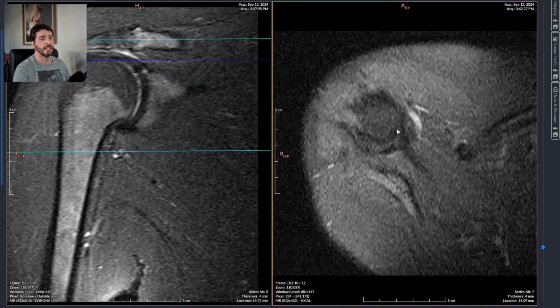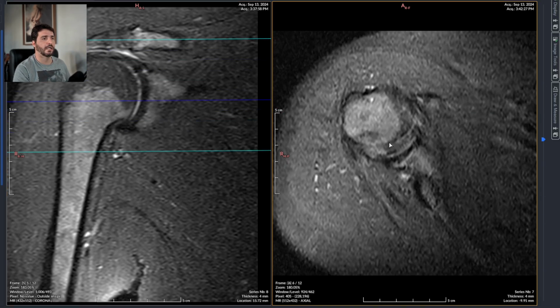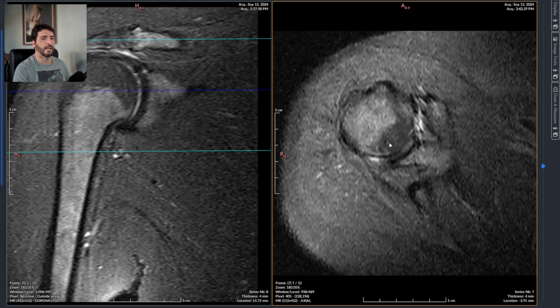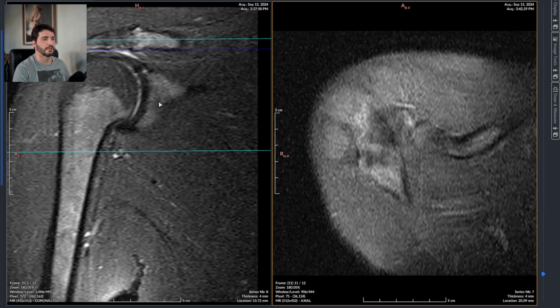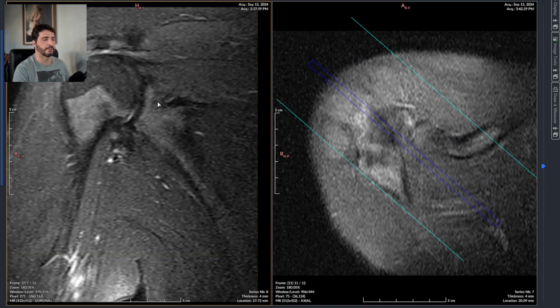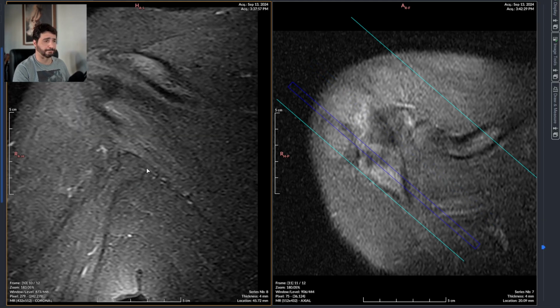So I can almost be certain that this is a tear of the glenoid labrum right there.